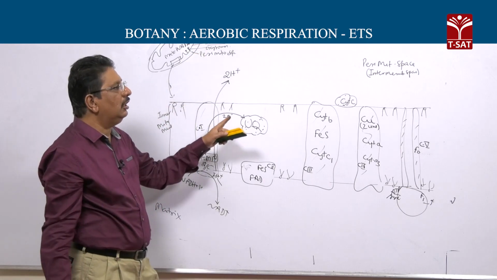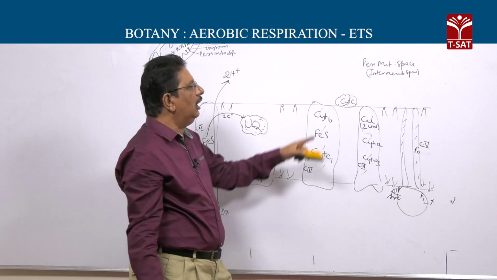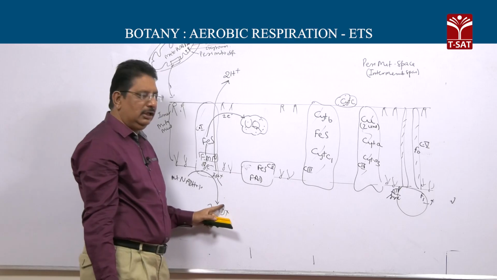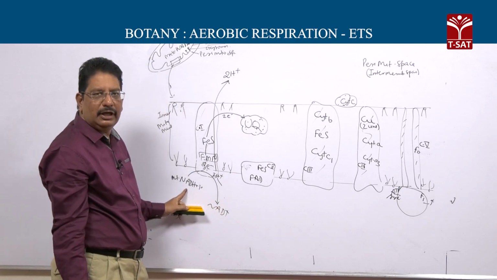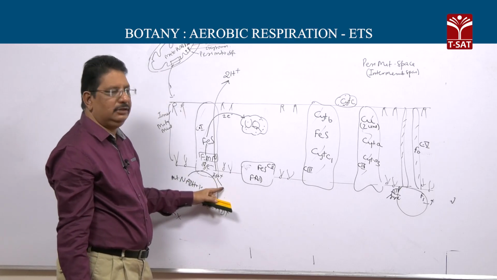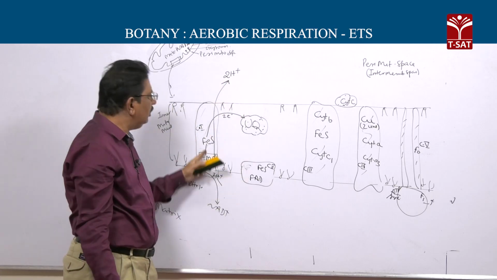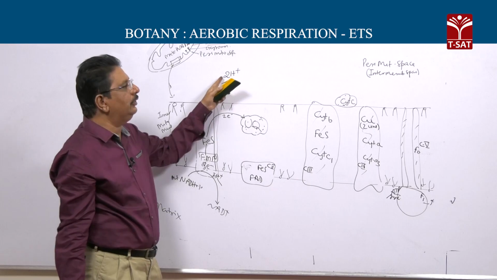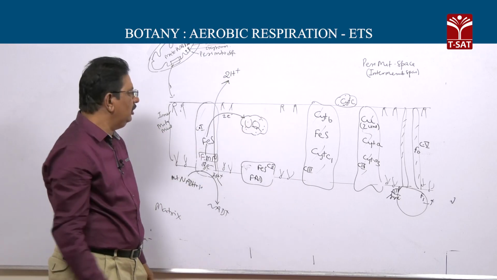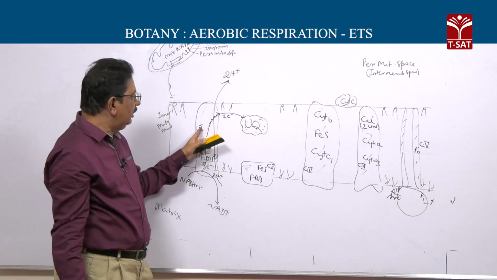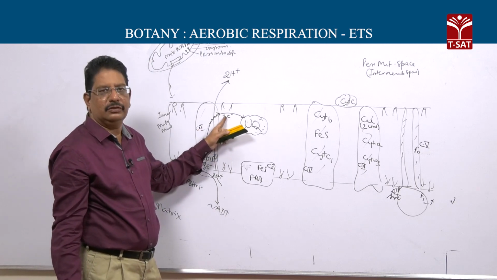So, it is also called outer space or intermembrane space. So, protons which are released during oxidation of NADH are shunted into the intermembrane space. The protons are pumped into the intermembrane space by using the energy liberated during electron transfer.